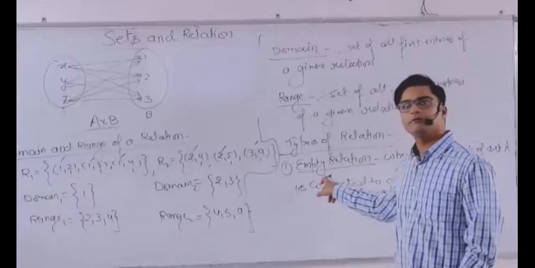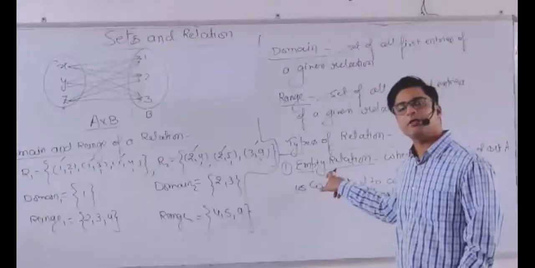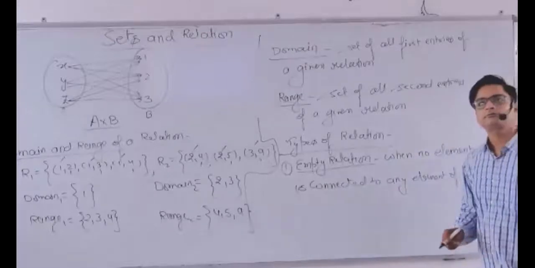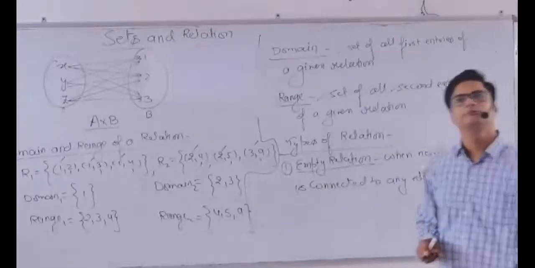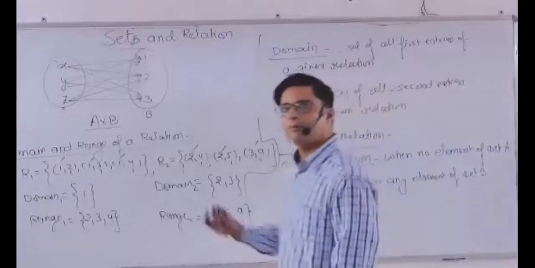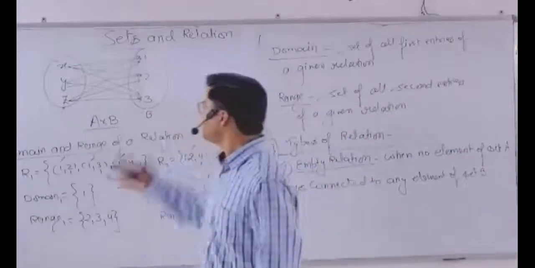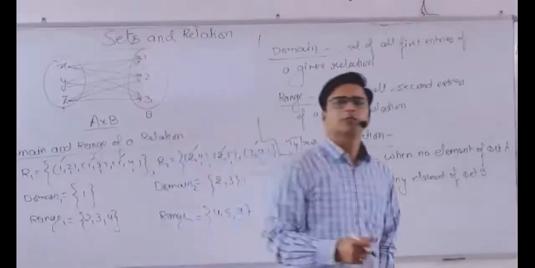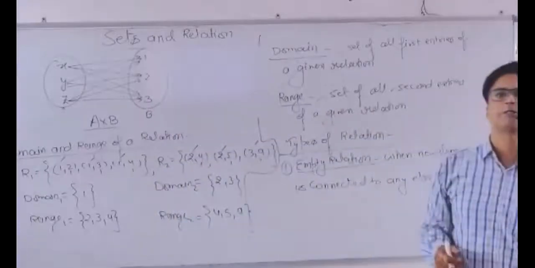This first one, is it a proper subset or improper subset? Improper. Improper subset, because we are not taking any element from this Cartesian product. So it is basically our improper subset.